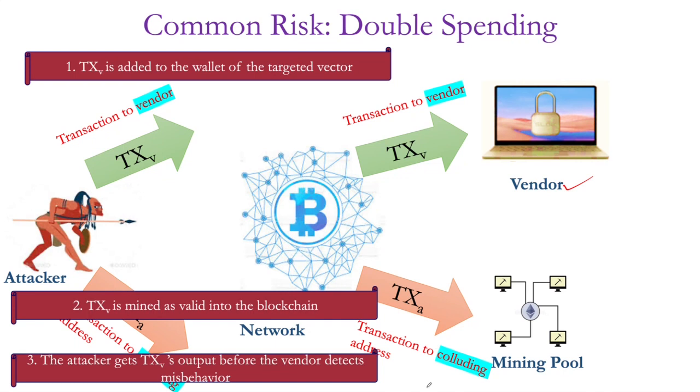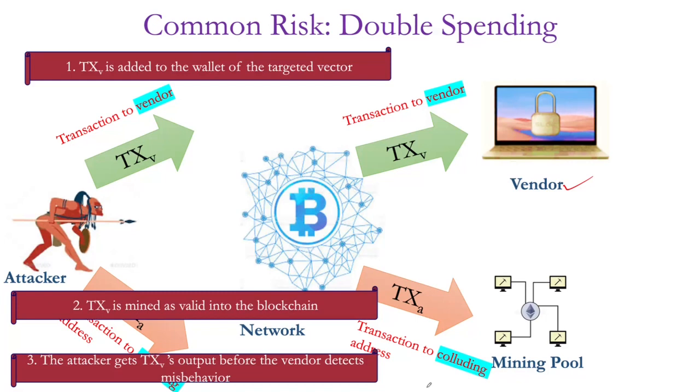The attacker has received transaction V's output, which is the vendor's normal service, since transaction A's recipient address is controlled by the attacker. So these bitcoins are still owned by the attacker. In this double spending model, the attacker enjoys the service without paying any bitcoin.